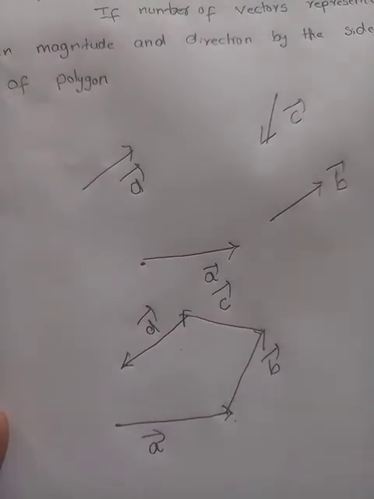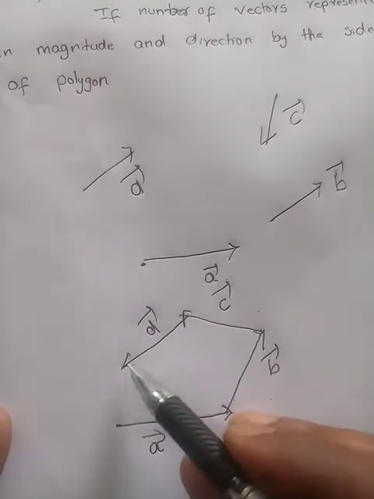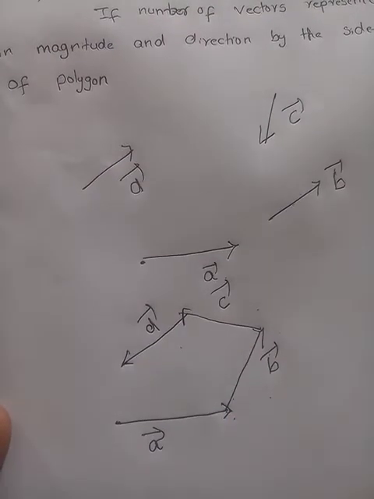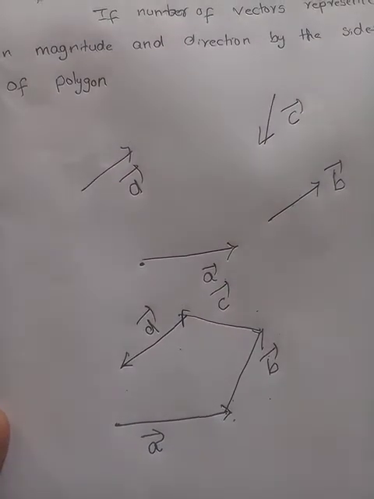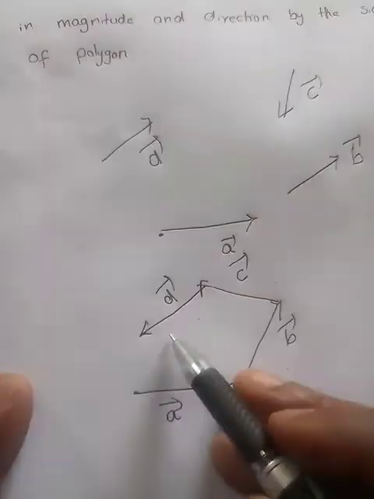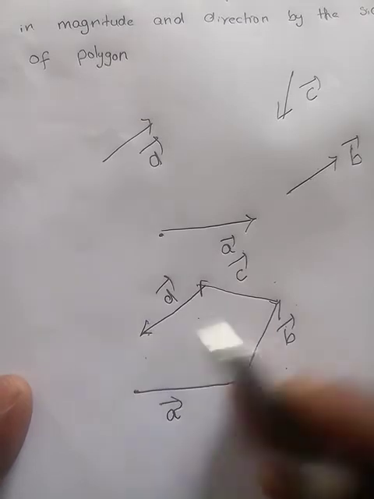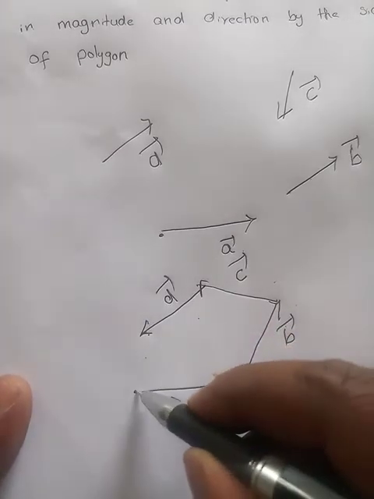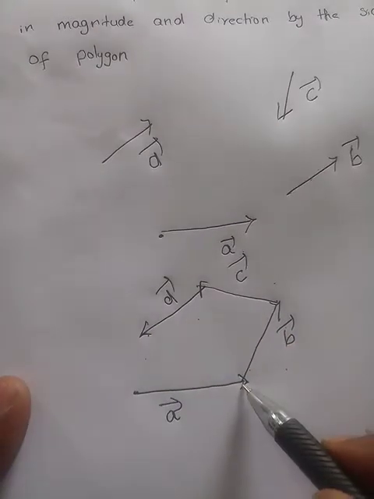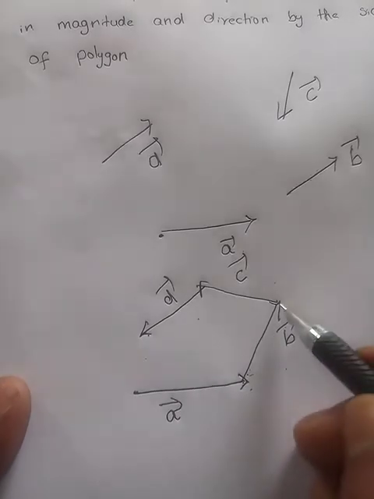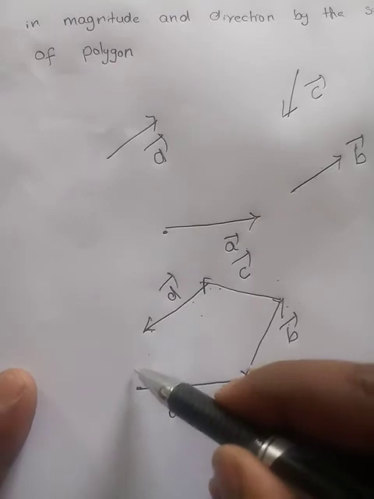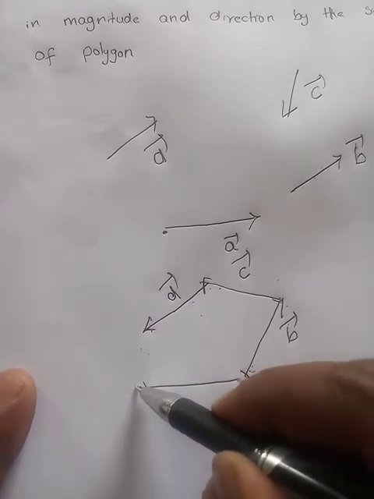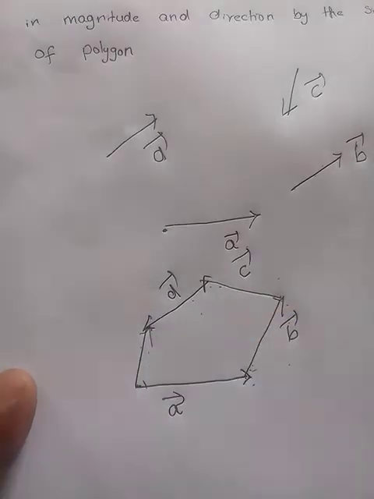Then according to the statement, the closing side of the polygon gives the resultant vector in opposite order. See here, opposite order means what we have to do? Here we connected head to tail, head to tail, tail to head. Opposite order means tail to tail, head to head.